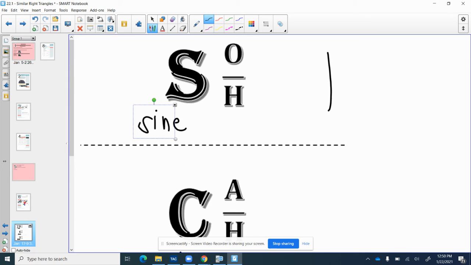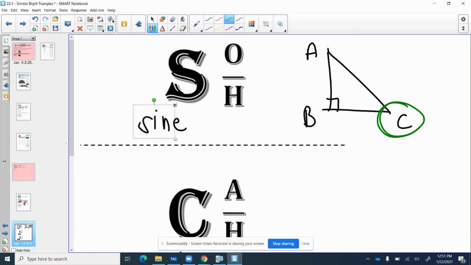Okay? So if we have a right triangle here, and let's call this triangle A, B, C, if we are talking about angle C as our reference angle, we're going to want to concern ourselves with the opposite side of angle C and then the hypotenuse. And that's what we see set up here, opposite and hypotenuse.